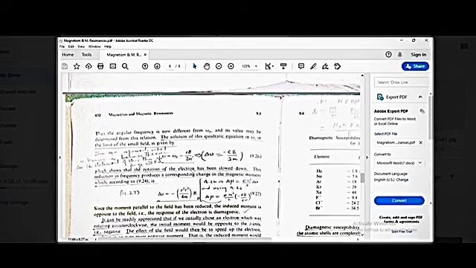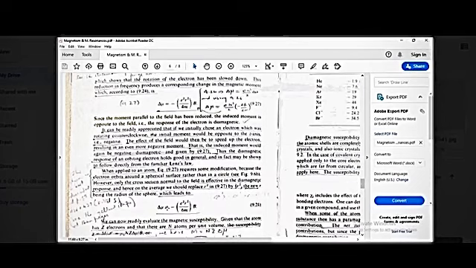So whether the electron is rotating clockwise or anti-clockwise, the diamagnetic behavior exists in both cases, and the effect of the field would then be to speed up the electron, resulting in an even more negative moment.